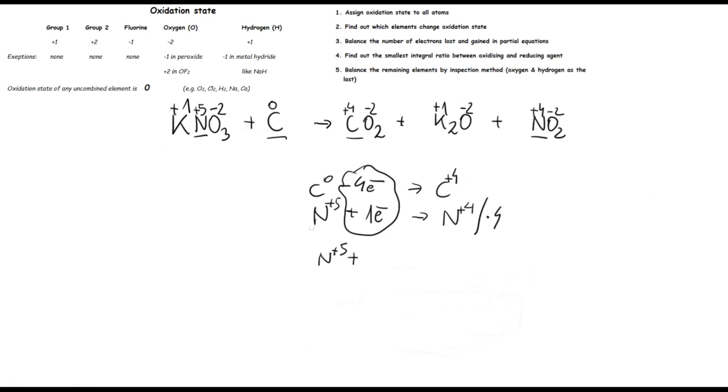As you see, I'm multiplying every part of that equation. So the 4 appears everywhere here, and we just rewrite the first partial equation once again.